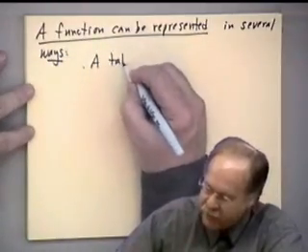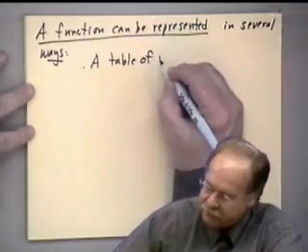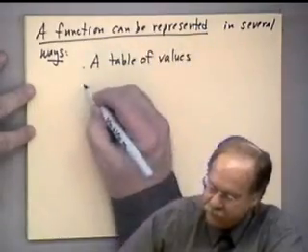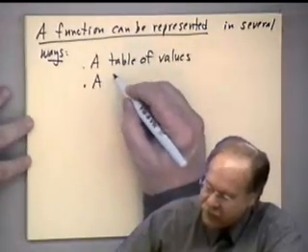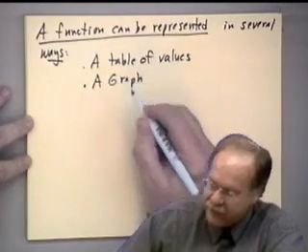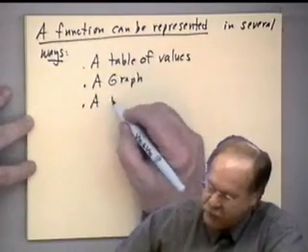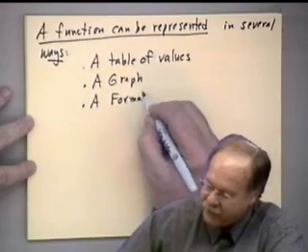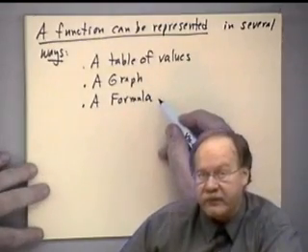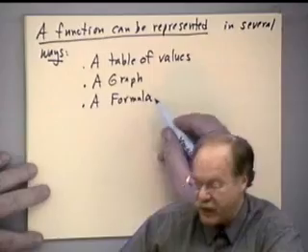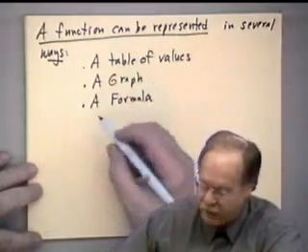One is, it can be represented as a table of values. Secondly, it can be represented as a graph, and we'll talk more about this a little later. It can also be represented as a formula, an algebraic formula, which is a very familiar way for many students to remember functions. But it's not the only one, as you can see here.